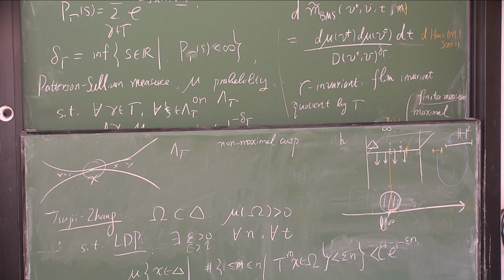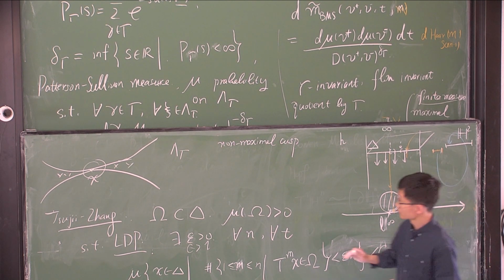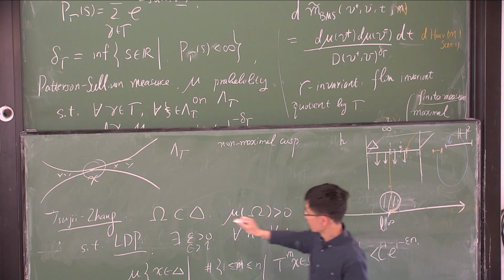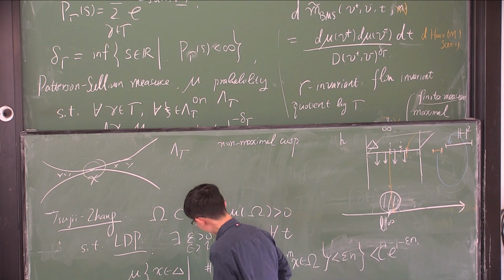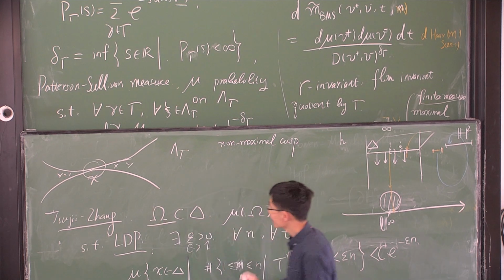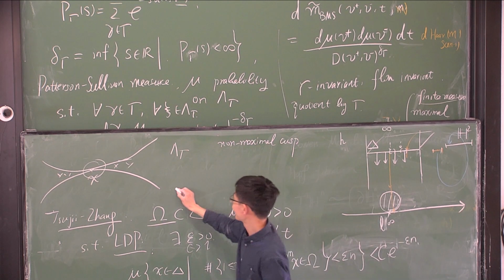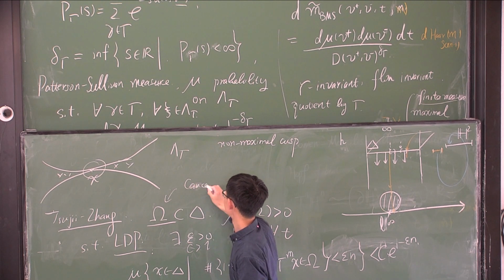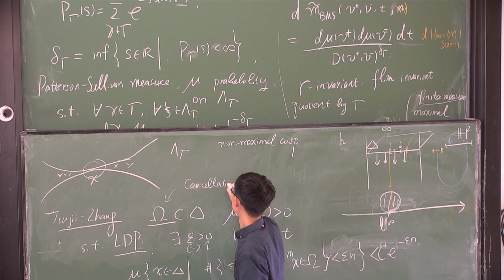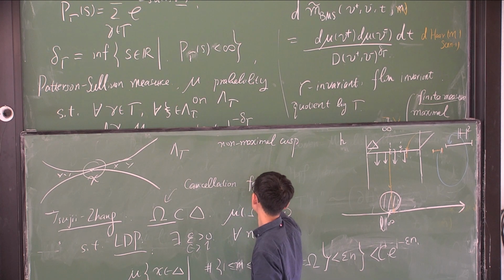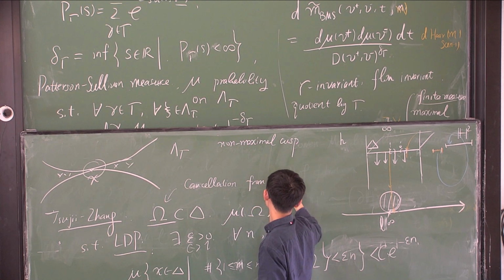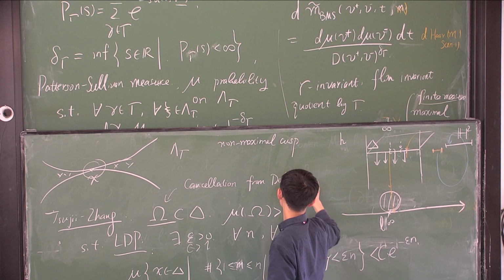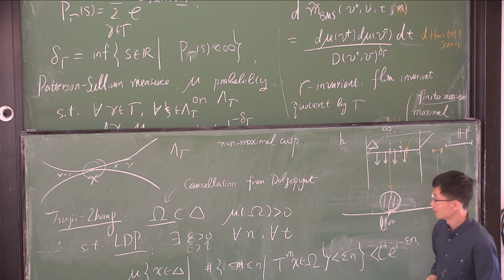So in their paper, they modify the Dolgopyat argument a bit. They only need to find some positive measure set where you can have cancellation from the Dolgopyat argument.